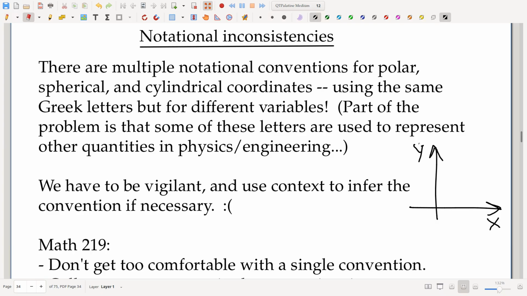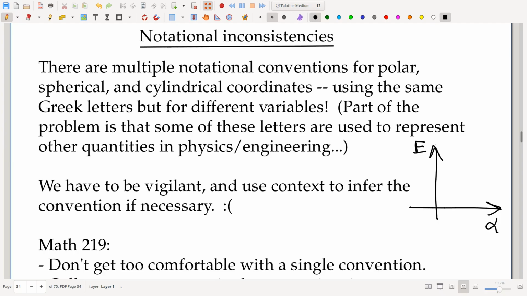But if you take an econ class, or if you're doing some engineering and you need to understand how engine efficiency depends on the angle of the rods of the engine, or something like that, then maybe this is going to be called alpha and this is going to be called E. So they're not x and y anymore.